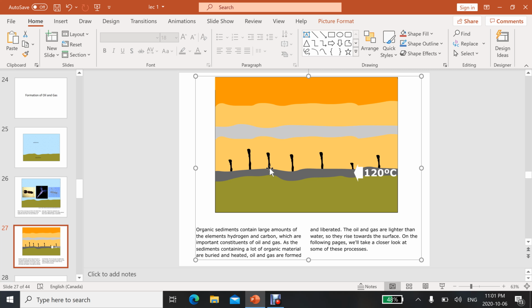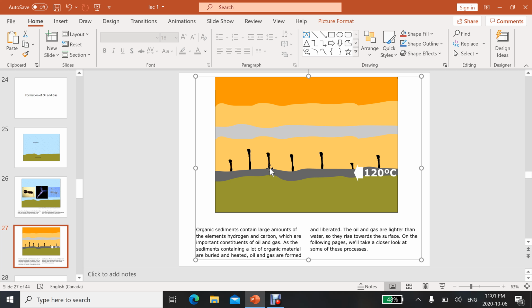Okay. And that kerogen actually requires a particular range of temperature for converting into oil or gas. As you can see in this diagram, the highlighted temperature range is 75 up to around 150.